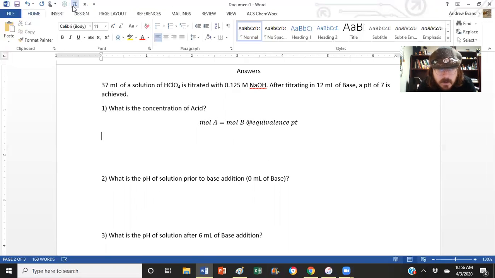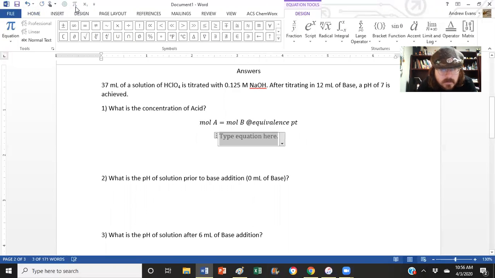With that in mind, we can use the equation MA VA equals MB VB. The molarity times volume of acid equals the molarity times volume of base because of that original setup.